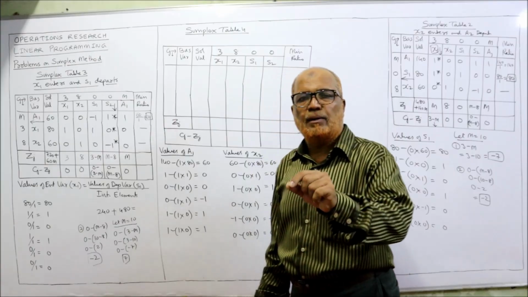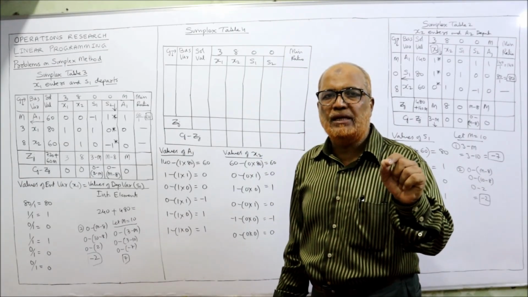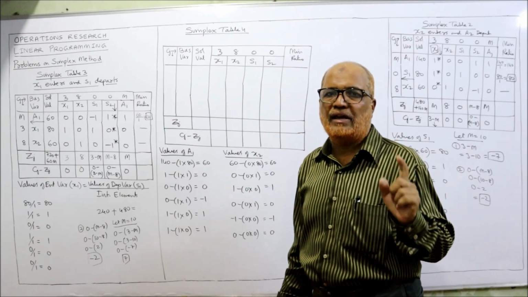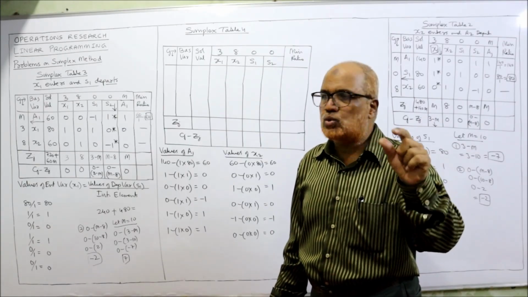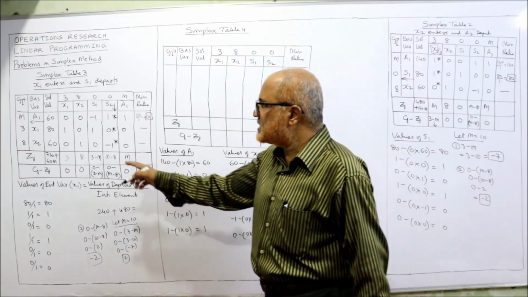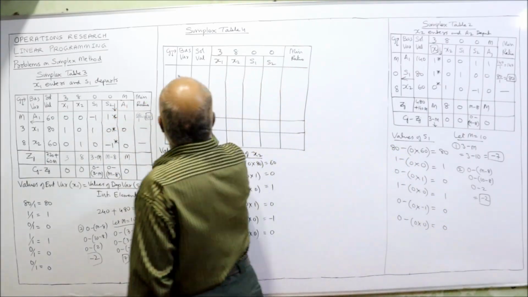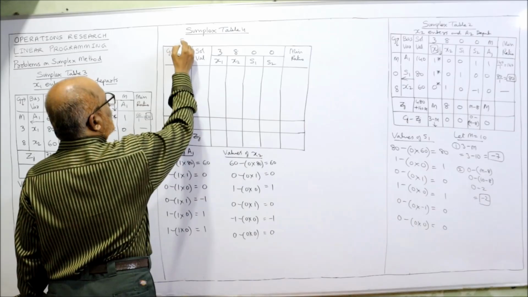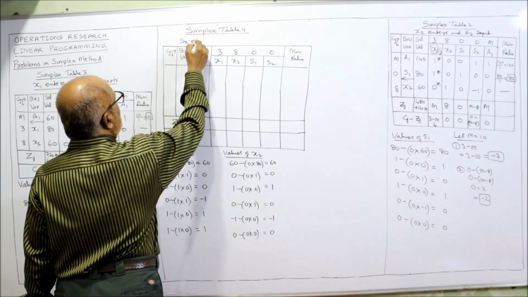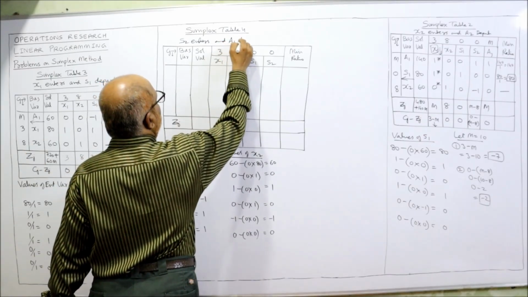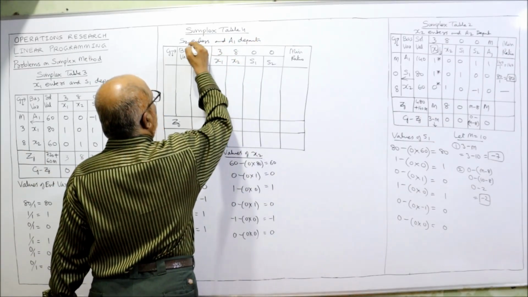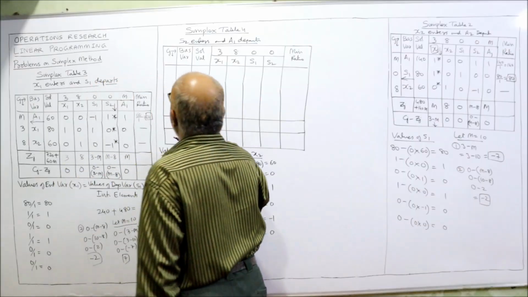In the next table, A1 will depart. So no need to open the column of A1. We don't require the column of A1. We need X1, X2, S1, S2. So which is entering here? S2 enters. So simplex table 4, S2 enters and A1 departs.